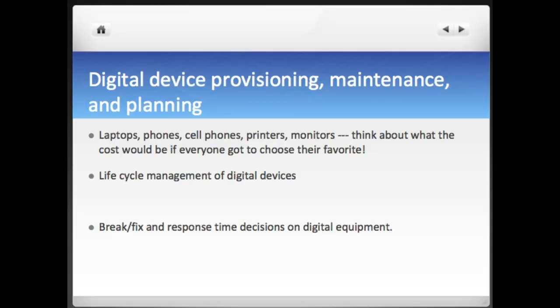IT will know that. The end user doesn't need to know that because you'll get a note from your IT department saying it's time to upgrade your cell phone. And if you try to do it before then, no, you're not going to do it because they also have to control that cost. So lifecycle management is a huge item in most IT departments because they are responsible for being the gatekeepers to making sure you get the right device at the right time.